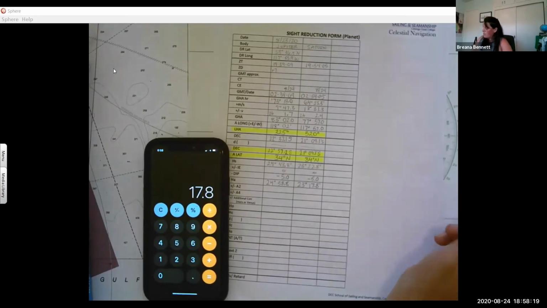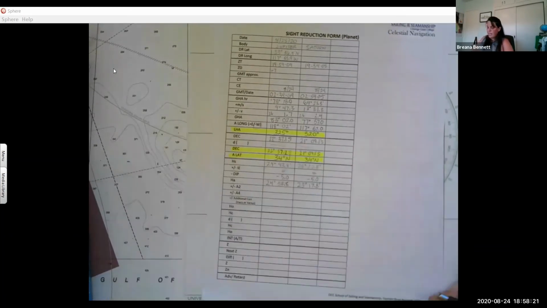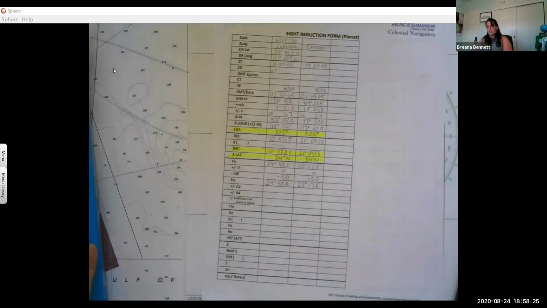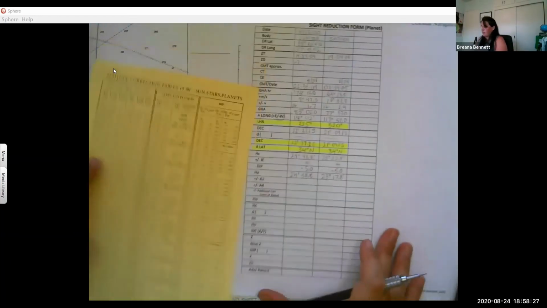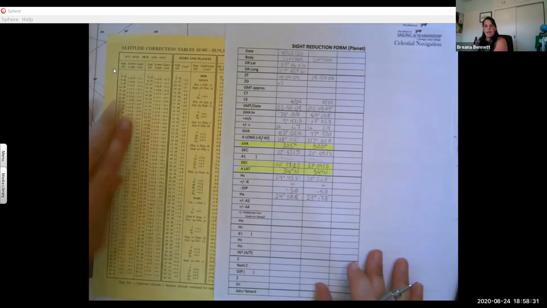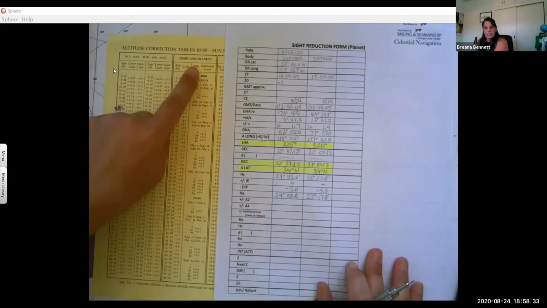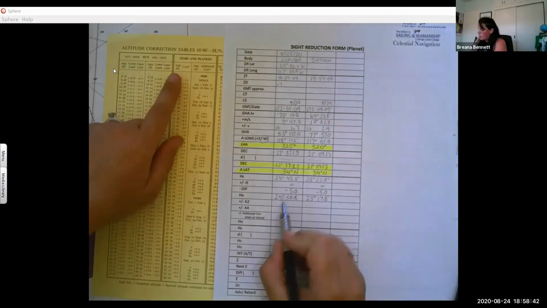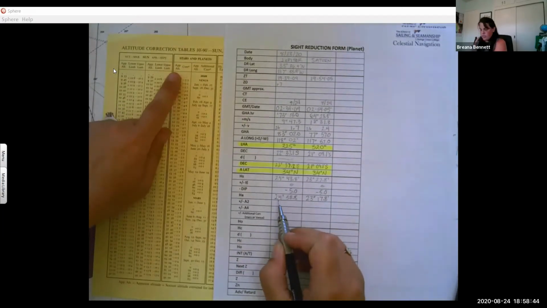Okay, so I have my HA. Now when I go to my A2 table, I'm under stars and planets. I have an assumed apparent altitude of 24 degrees 38.